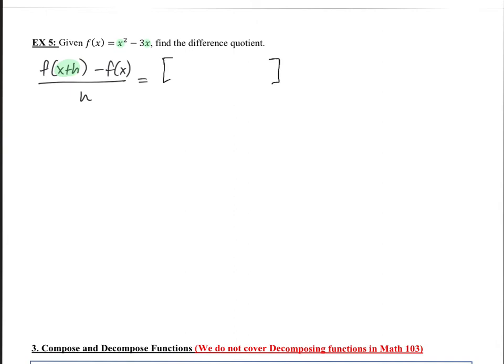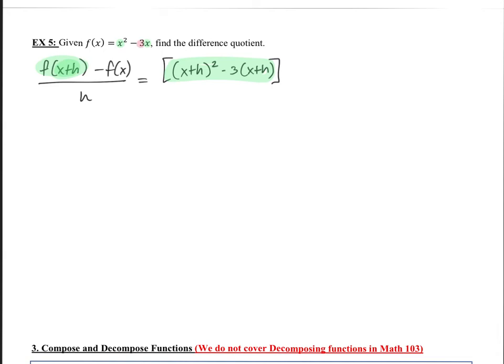So we're going to take x plus h and square it. And then we're going to subtract 3 times the x plus h.